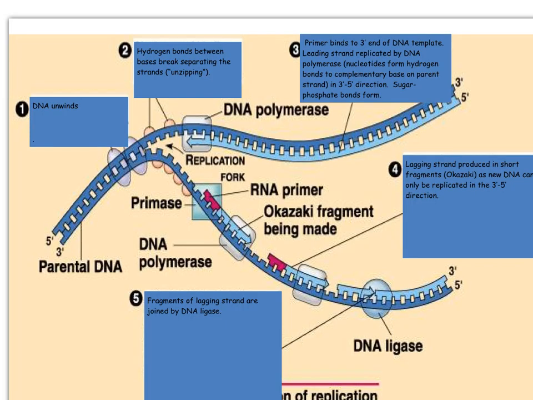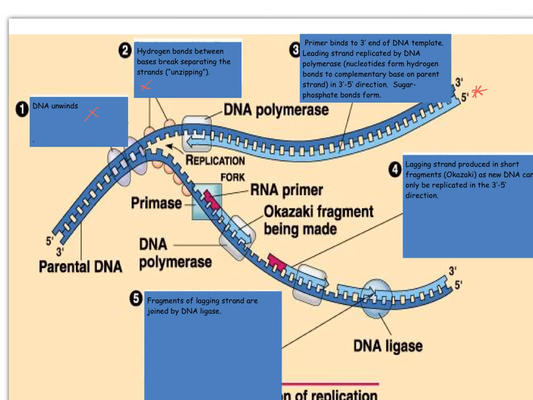So let's just have a look at this diagram, which gives us a kind of overall view of the process. So the first thing that happens is that the DNA will unwind itself. The hydrogen bonds will break between the nucleotides, the bases, breaking into the separate strands. This strand here is our leading strand.